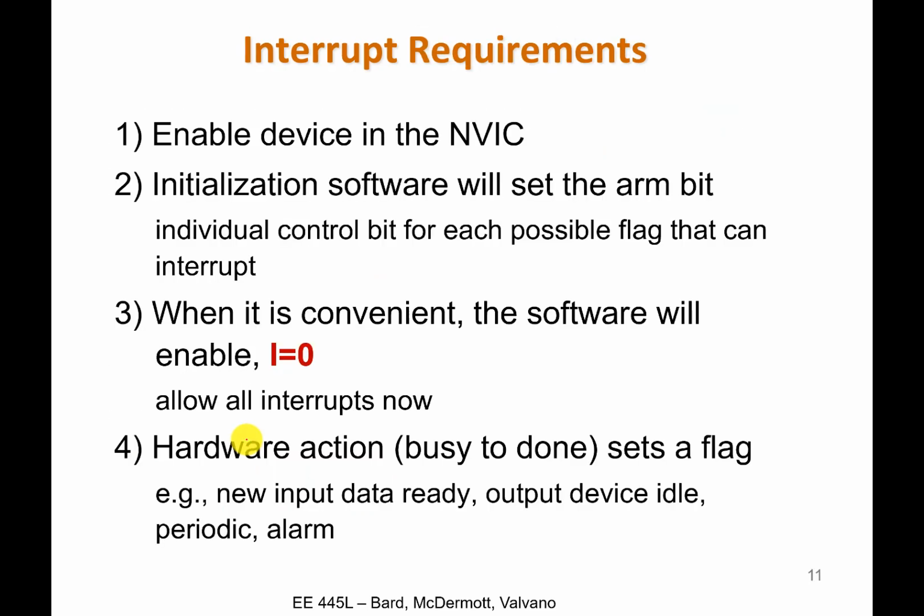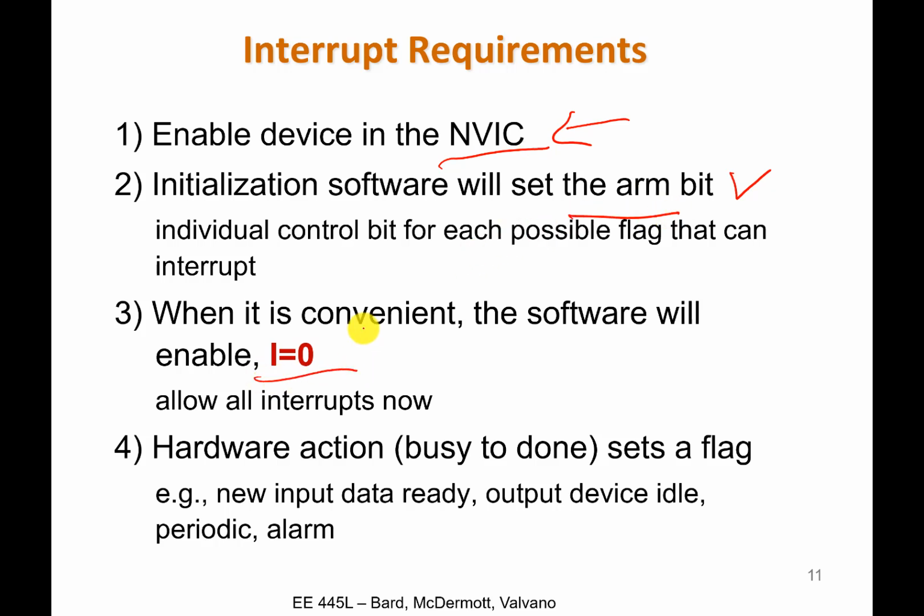All right, so we talked about the arm bit in the device. There's also an enable bit in the Nested Vectored Interrupt Controller. And so what I'm saying here is 4 things have to happen for an interrupt to be triggered. We enable it in the Nested Vectored Interrupt Controller. We arm it in the device.